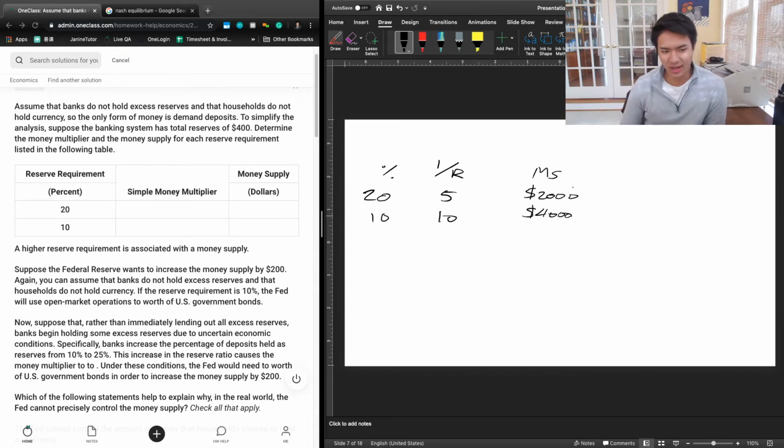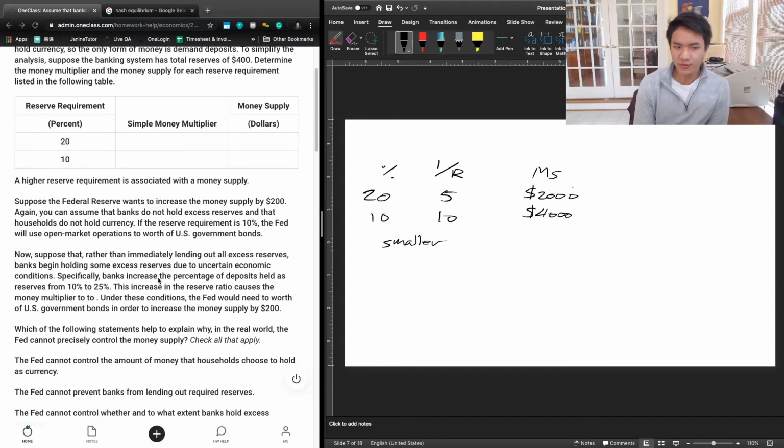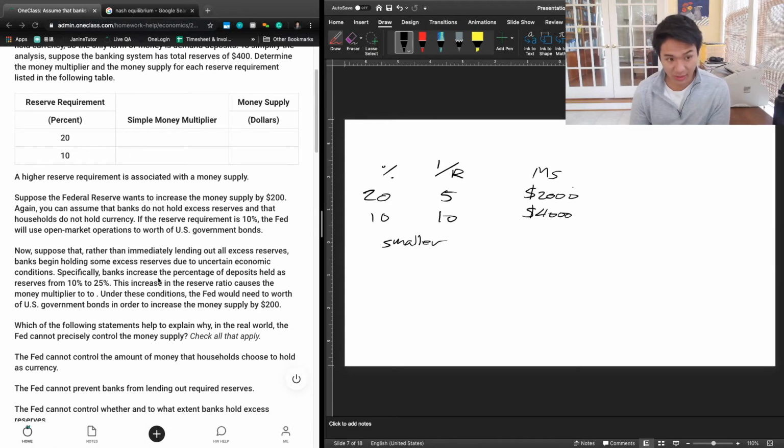What we know here is that a higher reserve requirement is associated with a blank money supply. If reserve requirement increases from 10 to 20, then money supply decreases. So a higher reserve requirement is associated with a lower, or smaller, money supply.